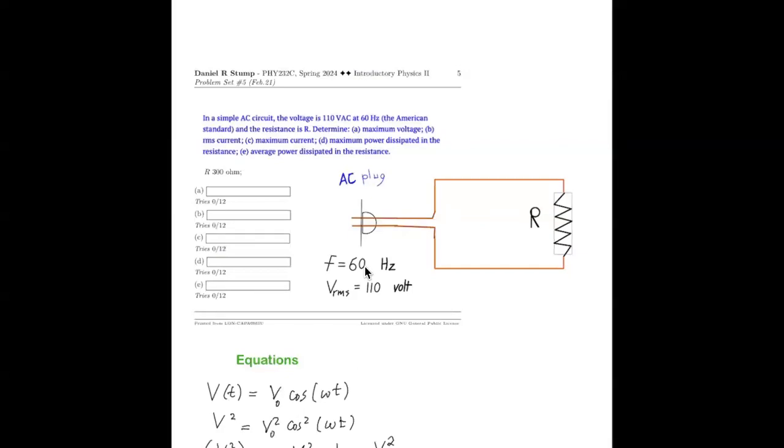Here's an AC circuit with a plug, plugs into the wall. So here's the wall and a resistance. The American standard is the voltage is 110 volts. That's the RMS alternating voltage, 60 hertz.